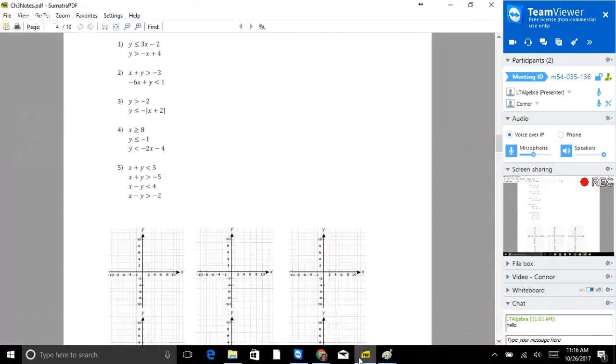Let's see. We've got another. Let's see if we can do this one kind of by hand. So this is kind of going to make a pretty one for us. Let me copy and paste it and pull it out in Paint.